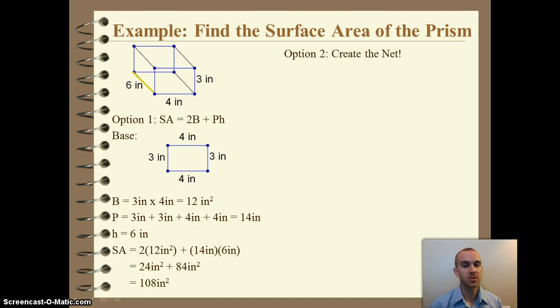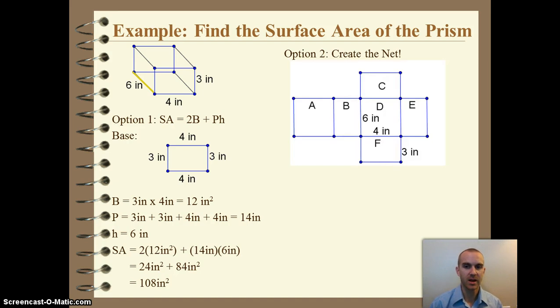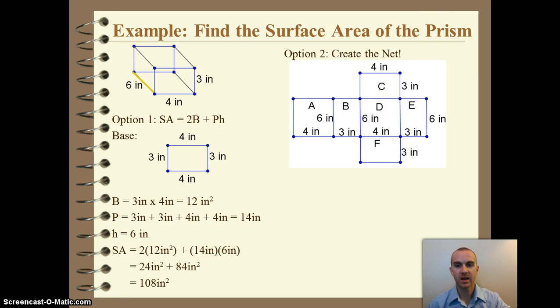Now the other option would be to have created the net. So I peel away the sides and lay everything down and then label the parts that I have. I recognize that I have 6 different rectangles in this shape, and I need to find the area of each rectangle. Well, I know that all the different segments have to be the same length, so I just need to label them correctly to put my areas into this problem. Since I was given that this was 6, all these vertical pieces here are 6.